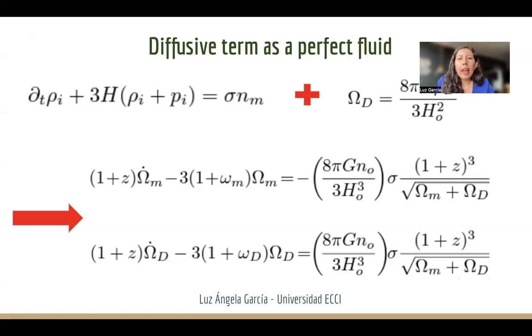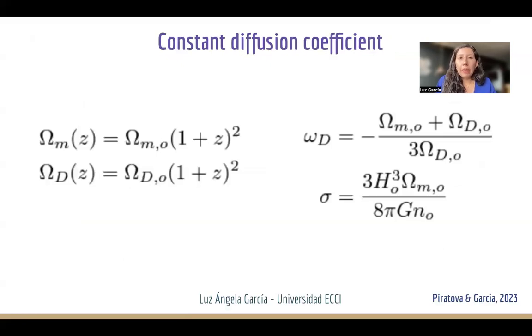With these new equations, we get the differential equations for both the energy fraction for matter and the diffusion term. And we need to solve these equations in order to get our solutions. In the first case, again, we consider that the diffusion coefficient is constant in time.